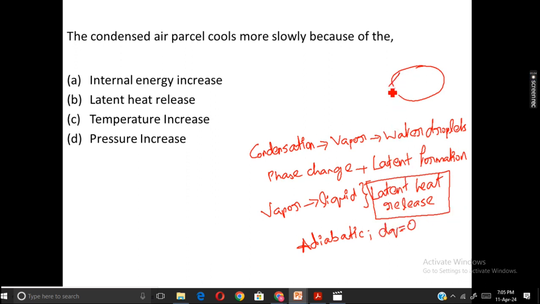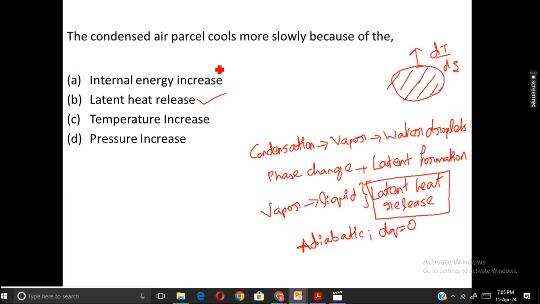So what happens is that the rate at which the condensed air parcel cools, dT by dz. If the air parcel is moving up in the atmosphere, as it goes up, the temperature will be decreasing. We have learned this before. In this case, the rate at which the temperature decreases is to some part compensated by the latent heat release. So this latent heat release tries to reduce the rate of cooling of the air parcel.